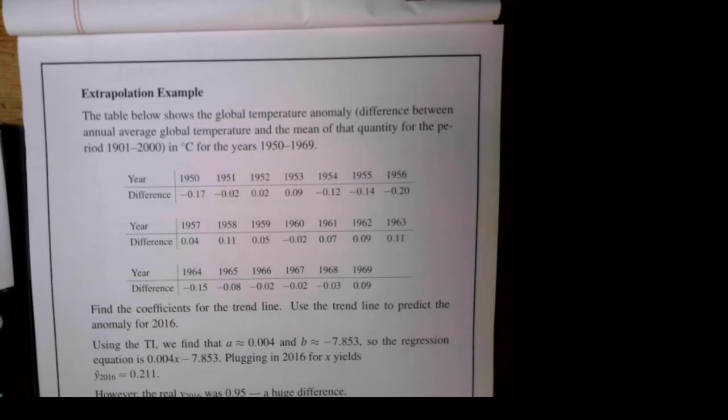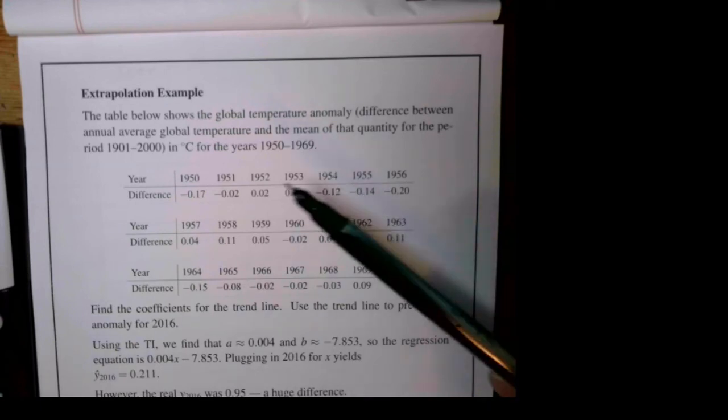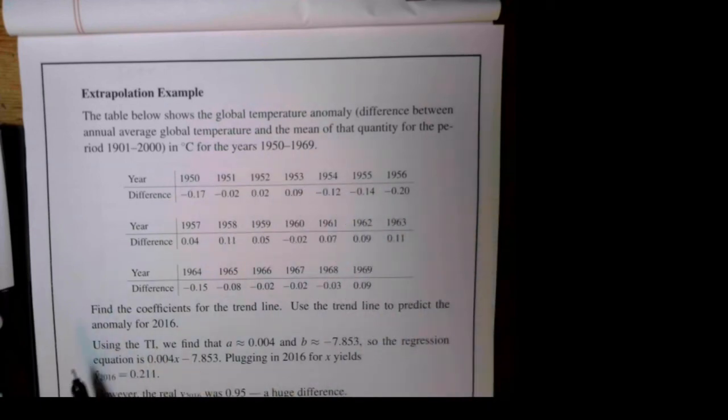Here's an example of extrapolation gone wrong. First of all, what's in this table? This table shows the global temperature anomaly, in degrees Celsius, for the years 1950 to 1969. The way you get the global temperature anomaly is you find the average global temperature for every year for the whole 20th century, and then you use that as a sort of baseline.